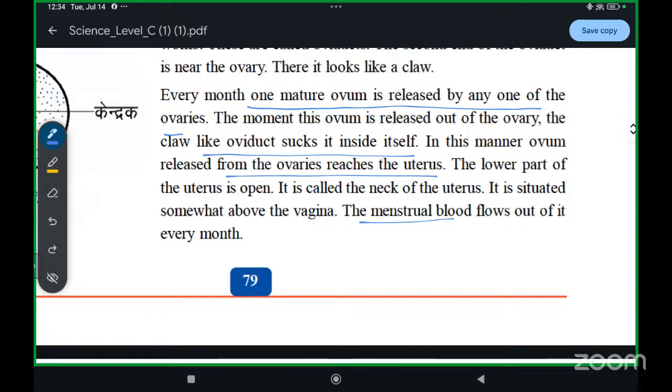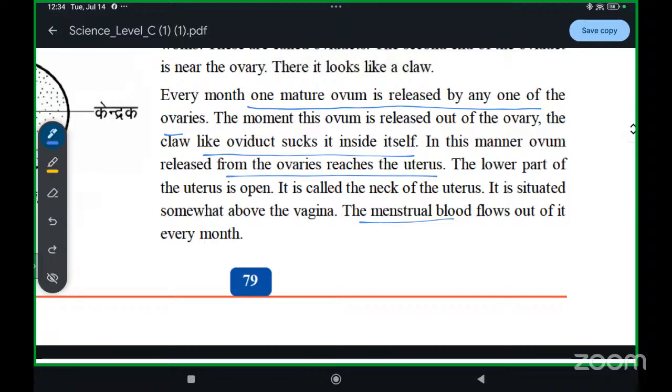Now see, there is a major difference in this process. Lakhs of sperms are released every day in men, whereas in women, only one egg is released every month.